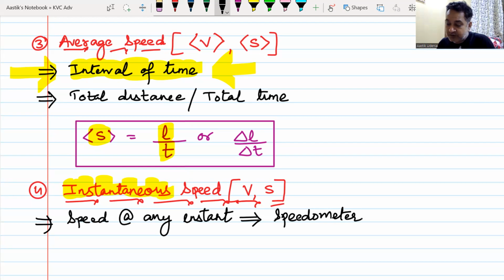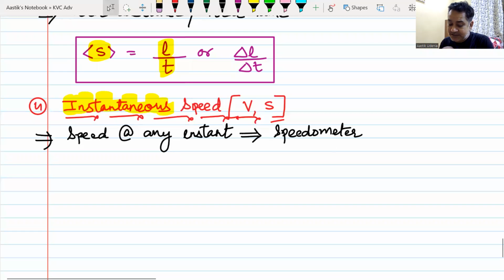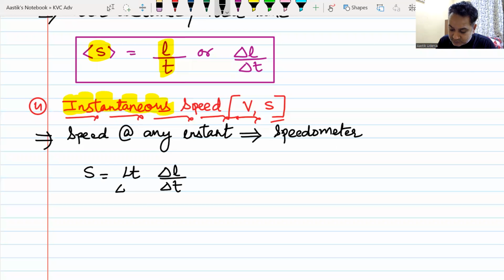Now, how do I find this instantaneous speed? I find it from the average speed, but I make the time interval very small. I hope you understand this limit thing. So basically, I can write it as dl by dt.